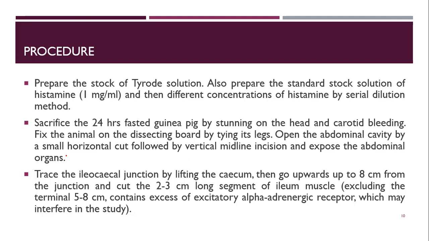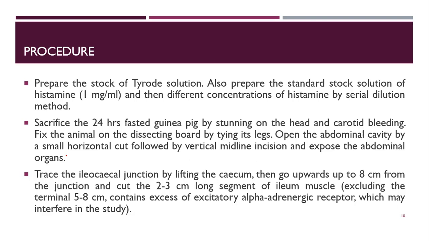Okay, so first we have to prepare the stock solution of Tyrode, then we also have to prepare the standard stock solution of histamine, and then different concentrations of histamine we have to prepare by the serial dilution method. Okay, so we have to sacrifice a 24 hours fasted guinea pig by stunning on the head, and we have to do the carotid bleeding.